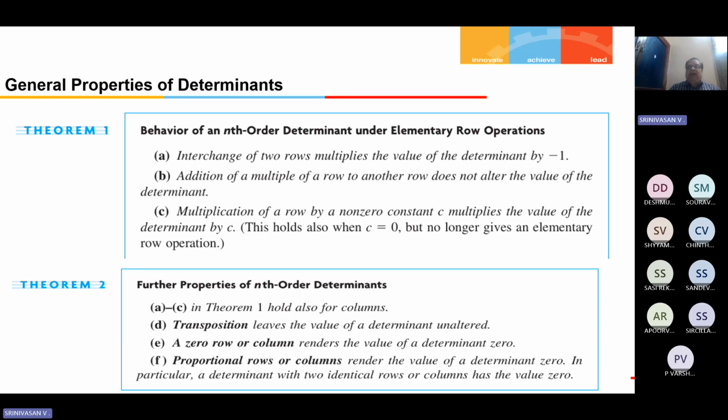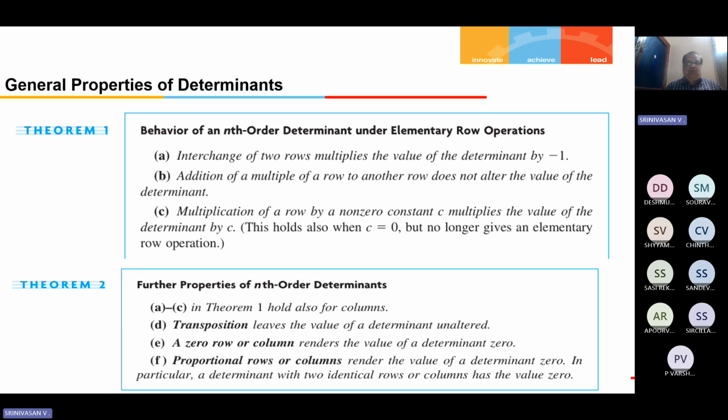What's the meaning? Because A transpose is, after all, obtained by interchanging either rows into columns or columns into rows. Uniformly, let us say, when A is given, A transpose is: first row becomes first column, second row becomes second column, third row becomes third column. So now you find the determinant values of A and that of A transpose.